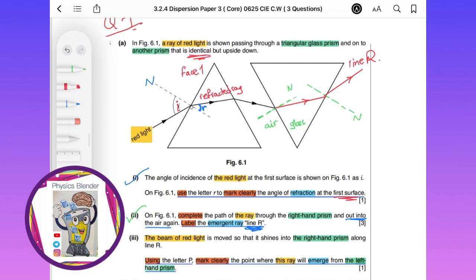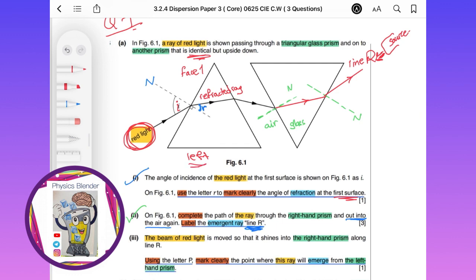The beam of red light is moved so that it shines into the right hand prism along the line R. So as if I moved the source of red light from here and put the source here, shining onto the right hand prism along line R. Mark clearly the point where this ray will emerge from the left hand prism.